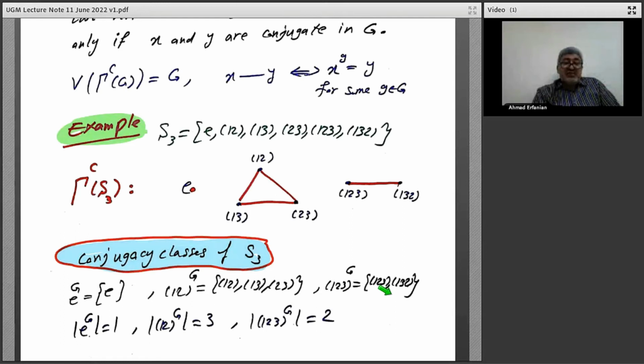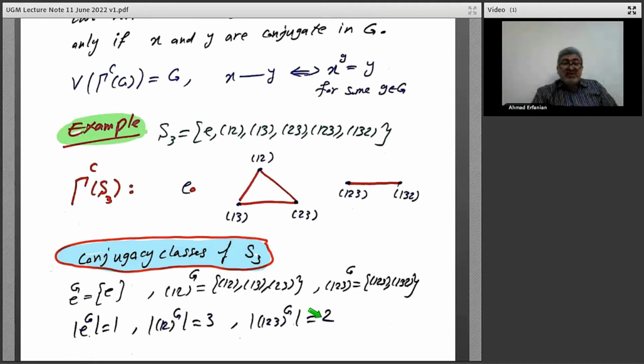In other words, if you see the conjugacy classes of S3, you can see that we have a singleton set, the identity, right? So this is one conjugacy class, and the second conjugacy class is the class of (1 2), which consists of 3 elements (1 2), (1 3), (2 3), and the conjugacy class of (1 2 3) consists of 2 elements (1 2 3) and (1 3 2).